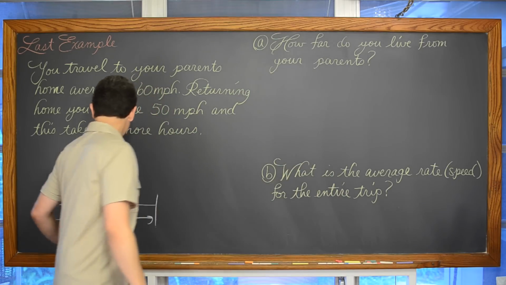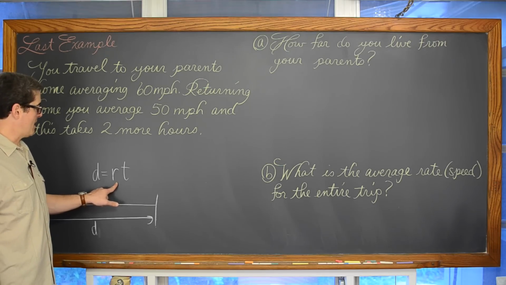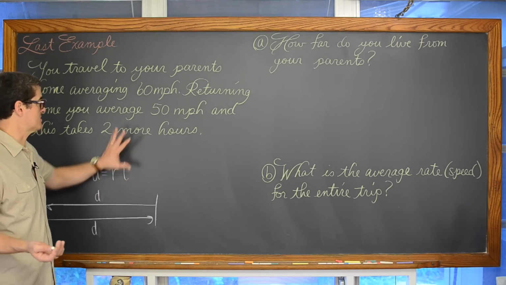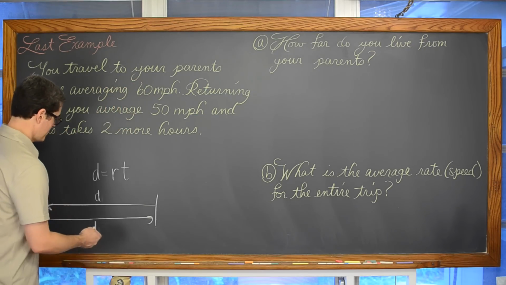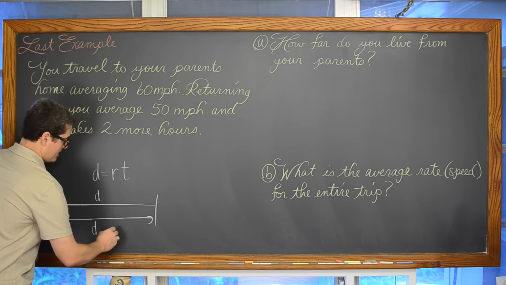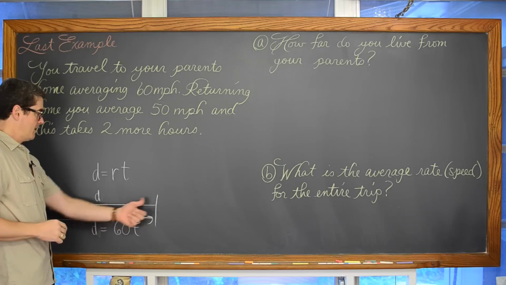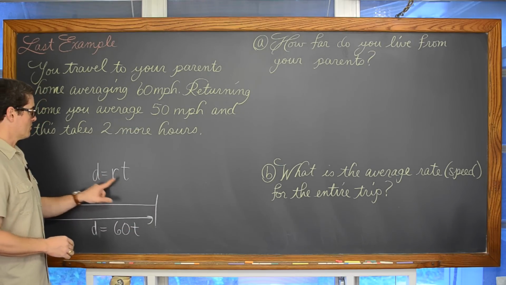So from home to your parents' house, your rate was 60 miles per hour, and I don't know what time is because I'm not given very much information about the time, but going this way is equal to 60 times t.